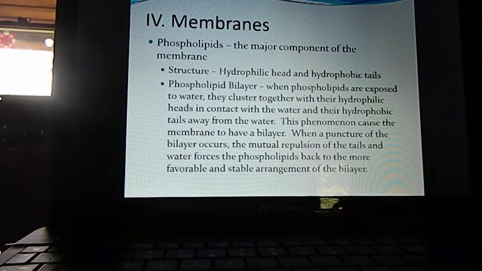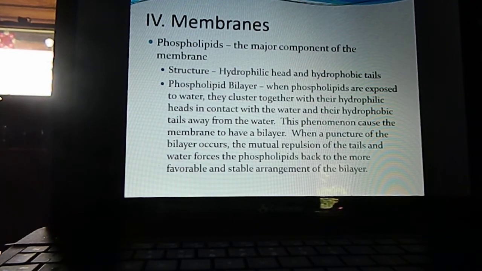And so if you have a bunch of phospholipids and they're exposed to water, what they will do is make a sphere, because they will arrange their heads in the direction of the water and put their tails away from the water, just like circling the wagons in an old western.